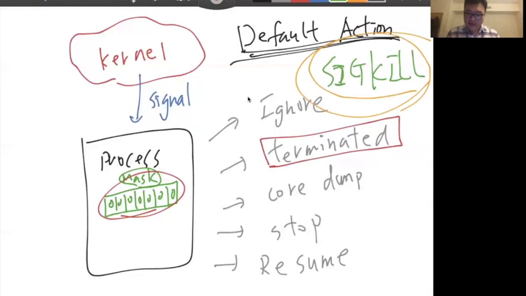It's called SIGKILL. The SIGKILL signal cannot be blocked, cannot be ignored, cannot be handled. We will talk about handlers in another video. It's very similar to Java, where you throw an exception and you catch an exception.